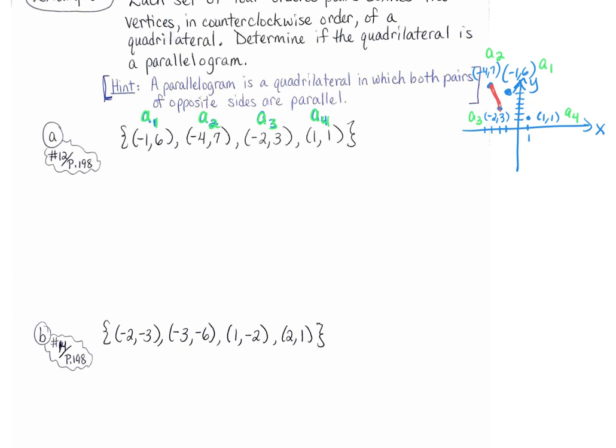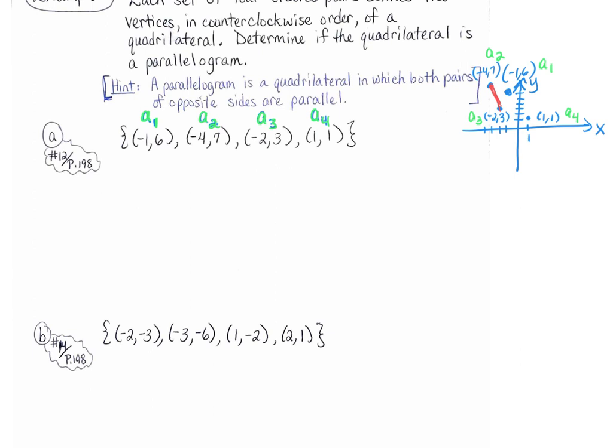You can choose these opposite sides like so, or you can choose these. Which ones do you want to choose? The second choice. A1 to A4. This and this? Yes. Okay.